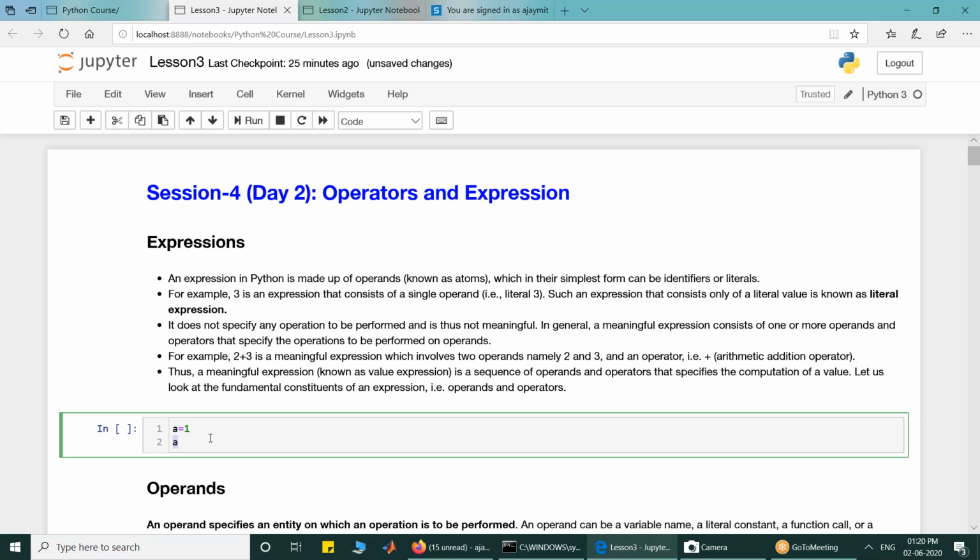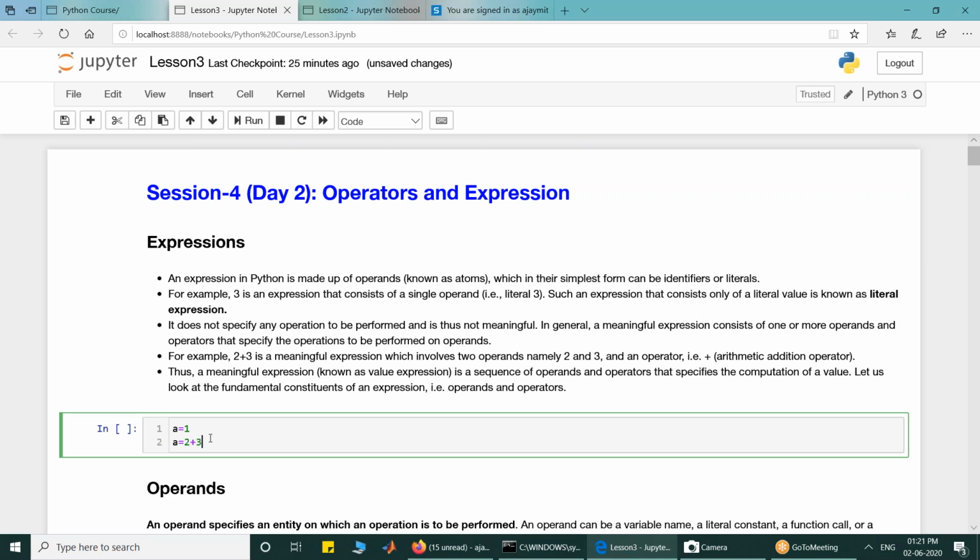In simple terms, an expression is made up of identifiers or literals, commonly known as operands or atoms, but these expressions are not meaningful expressions. We are not computing anything. Meaningful expressions are formed only when I start making use of operators.